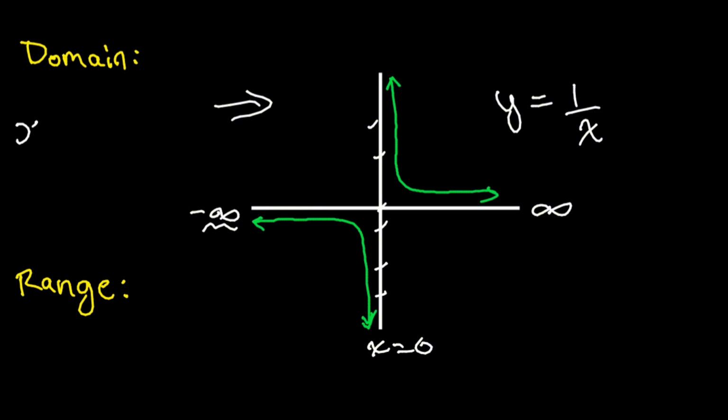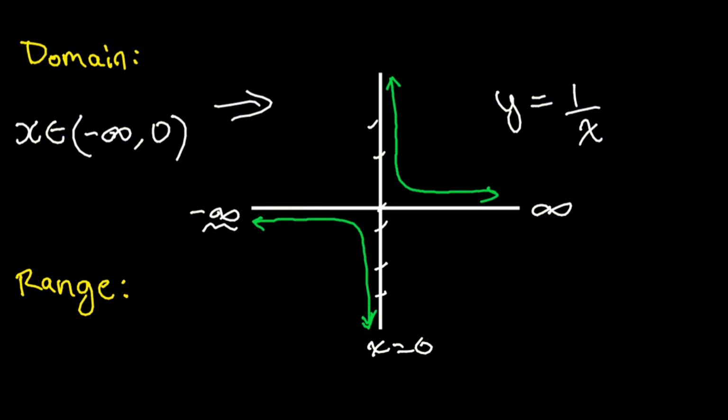So we can say that x exists with this symbol right there. X exists between negative infinity to 0, and we write it with a parenthesis to show that we never actually get to 0.